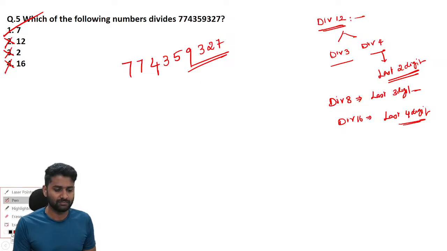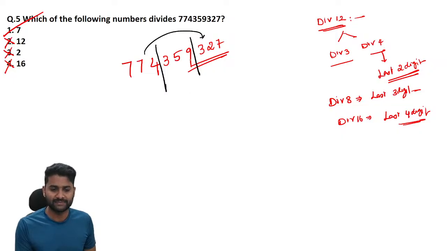Just want to give a calculation part here. See, whatever the number, divide it into 3 parts and subtract these values: 774 plus 329. Go through the sum here. You have to subtract the middle term 359.